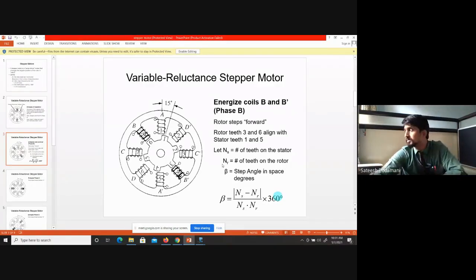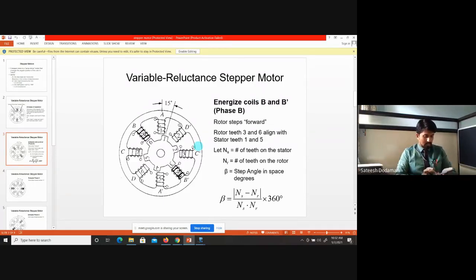As per your requirement, you have to change the number of poles, or change the control signal you are giving. Based on that, you can change the step angle also. Here they have written 15 degrees.